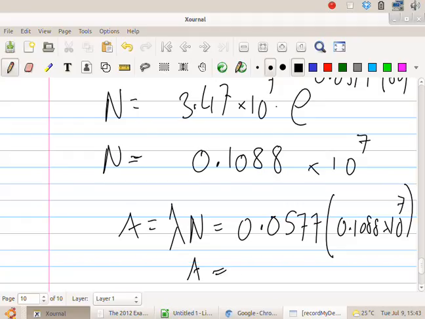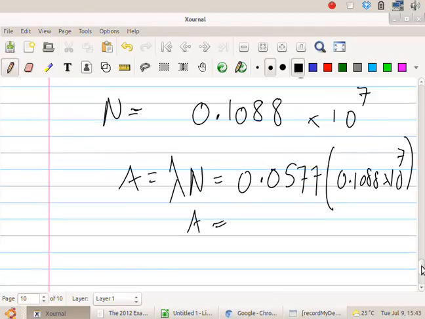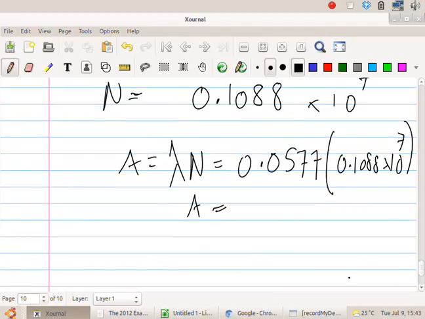So finally, what is the A? 62,000. If I round it up, it'd be about 63,000. Yes. So 63 kilo BQ.